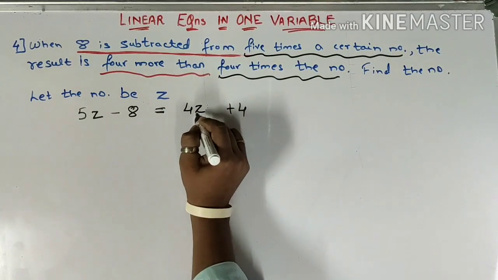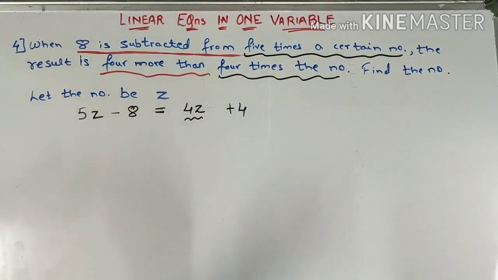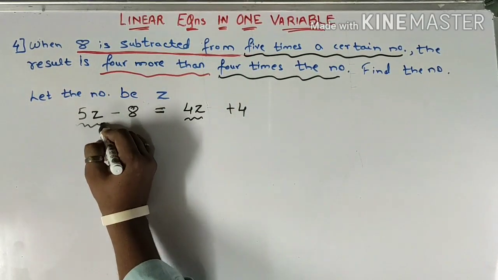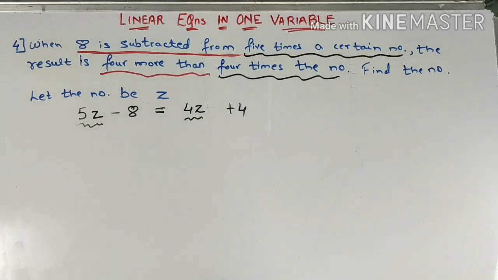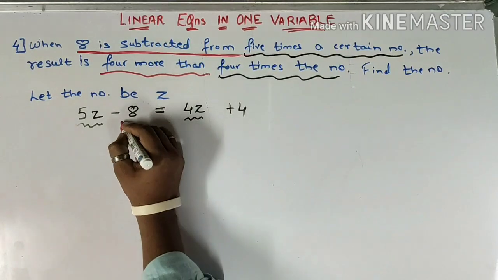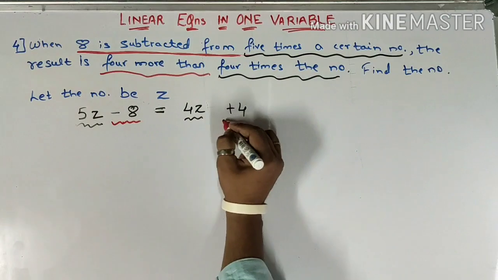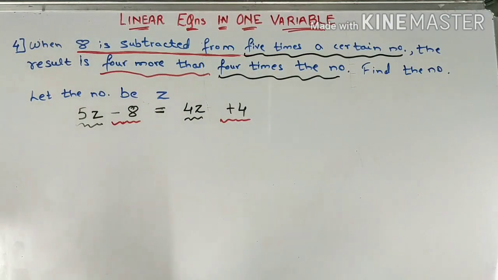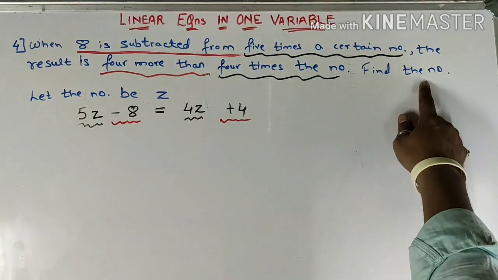So 4 times the number. So if you see, I'll just underline what is given in the statement form and what is given in the mathematical form. Okay, find the number.